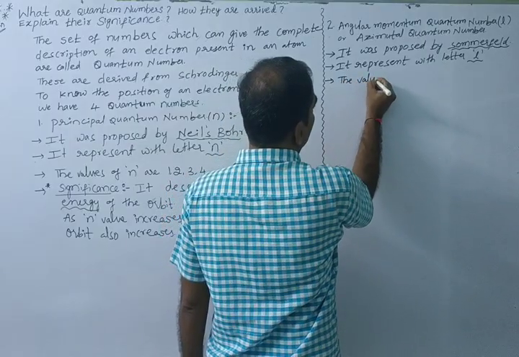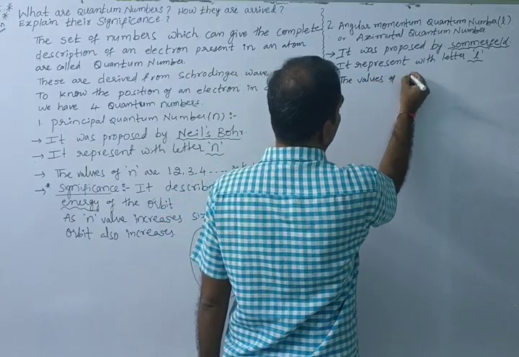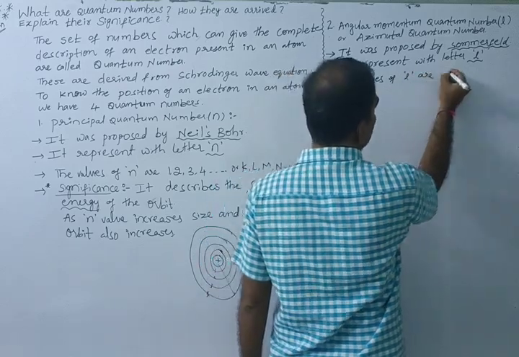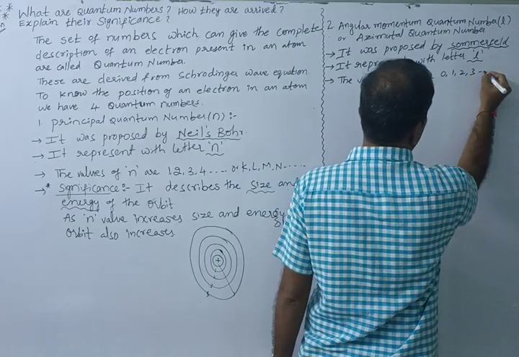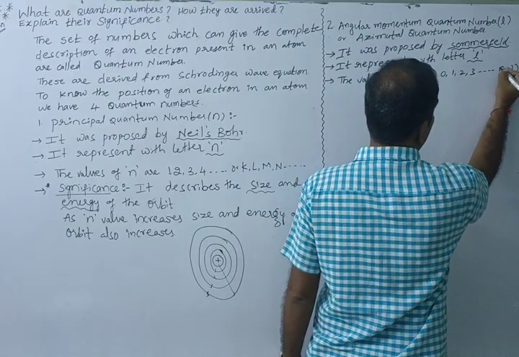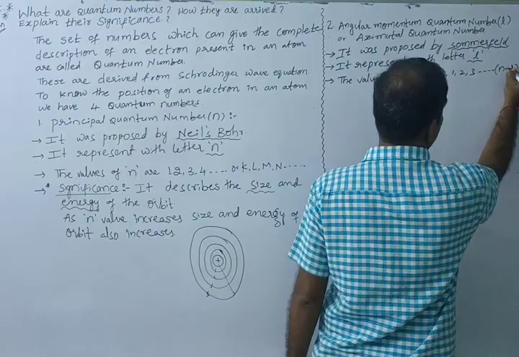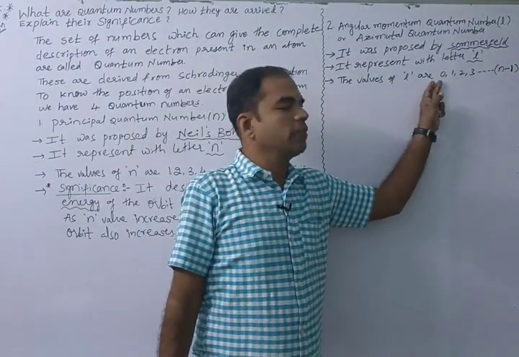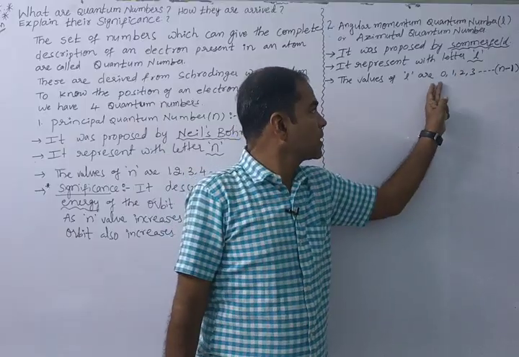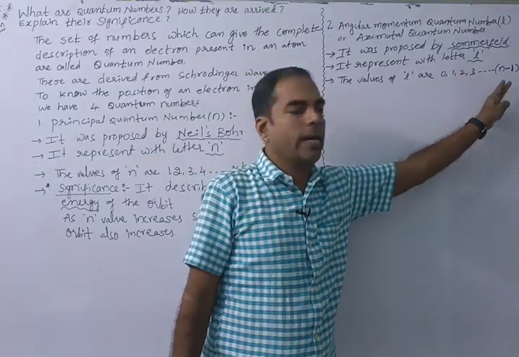The values of l are 0, 1, 2, 3 and so on. The minimum value, or least value, is 0, and the maximum value is n minus 1.